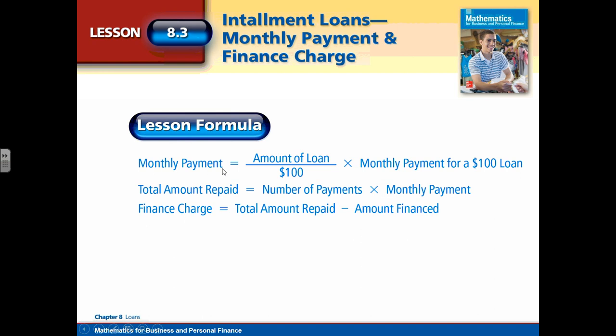First, the monthly payment: we take the amount of our loan, what we're borrowing, divide it by 100, then look up our number from the chart. Depending upon the term, the number of months, and the percentage, this number is going to change. Then we find the total amount repaid, which is the number of payments times the monthly payment. Then the finance charge is the total amount repaid minus the amount financed, the amount of the loan.